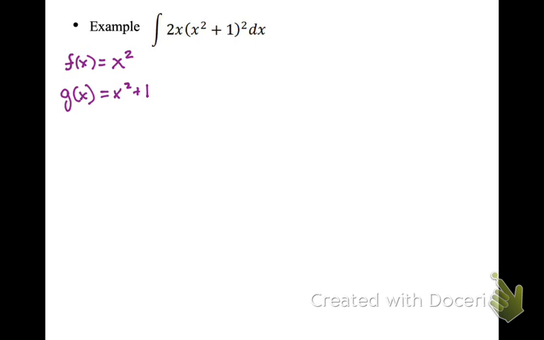So then where does it go if we don't? Is it an outside function or is it an inside? Okay, well, this right here is actually this, correct? Isn't the derivative of g, which is the inside, 2x? Yes. So that's where that comes from.